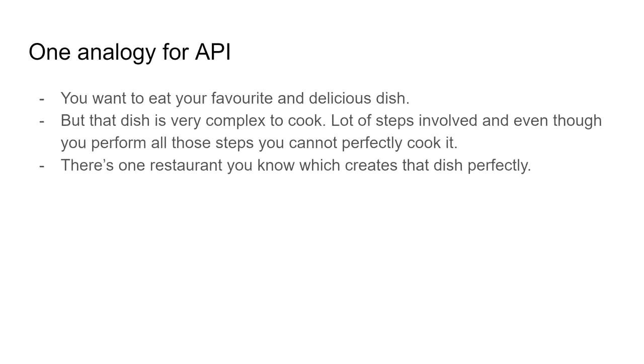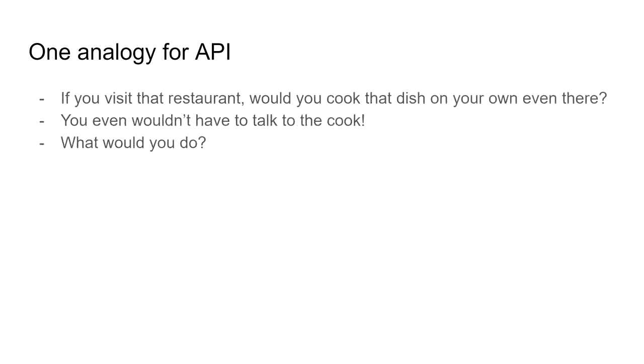There are a lot of steps involved, and even if you perform all those steps, you cannot perfectly cook it. You might know this from your past experience, right? But you know that there is some restaurant which creates this dish perfectly for you. So what you are going to do, you would go to that restaurant, right? But would you be cooking that dish on your own when you go to that restaurant?